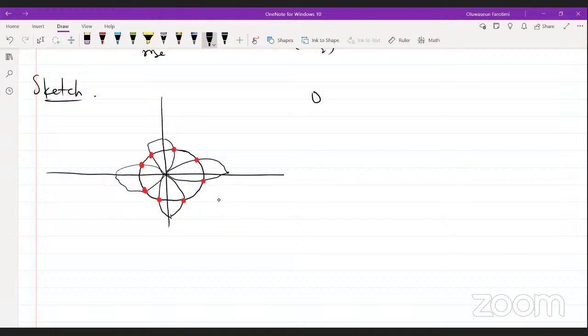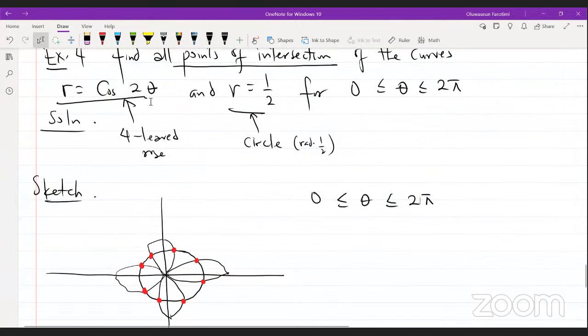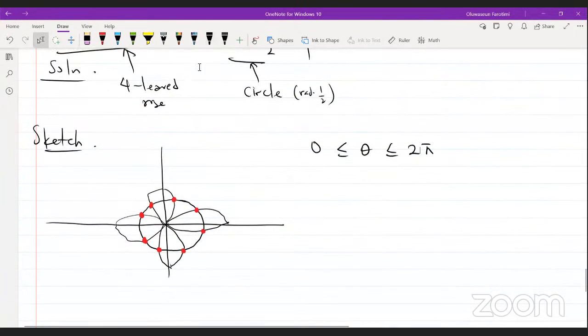Now, remember your theta is between 0 and 2 pi. But for the 4-leaved rose, you have a cosine of 2 theta, right? So that means to get your 2 theta, you multiply this through by 2. 2 is a positive number, so it doesn't distort the inequality. So this is 0 less than or equal to 2 theta, less than or equal to 4 pi, right?